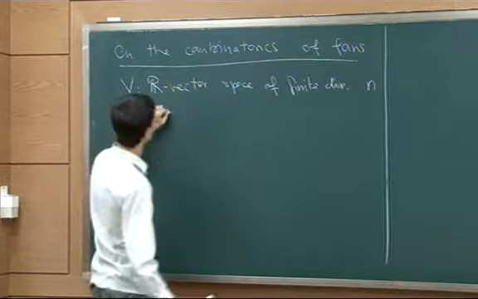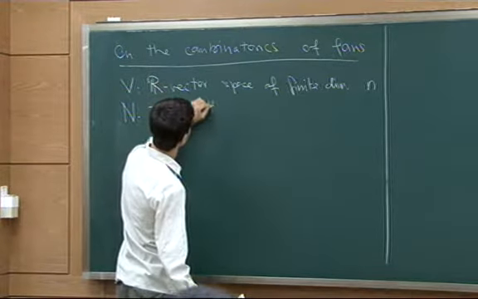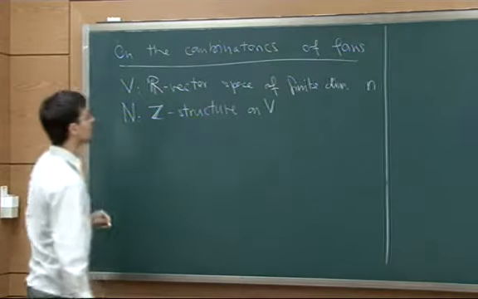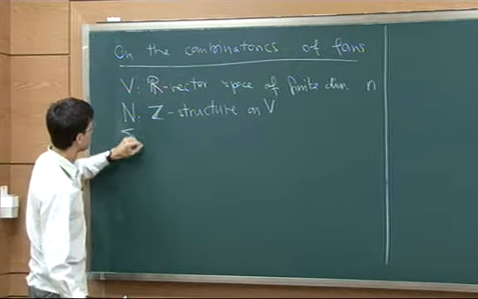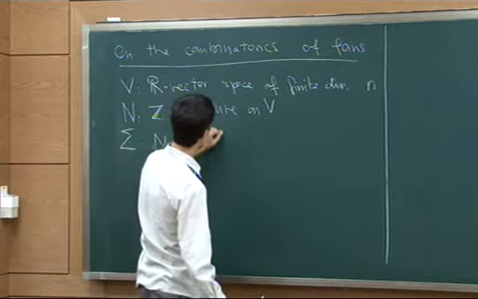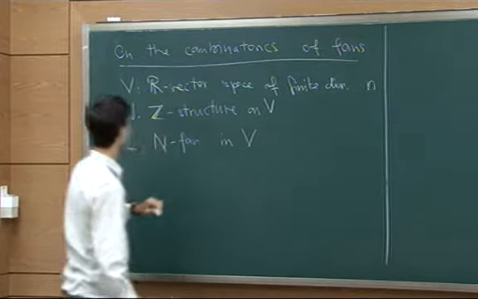Capital N is a set structure on V, and sigma shall be an n fan in V.